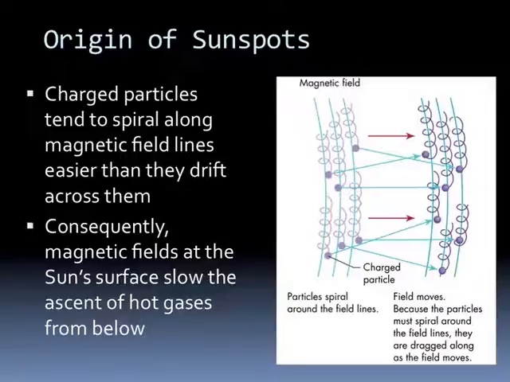Charged particles tend to spiral along magnetic field lines easier than they drift across them. In other words, as I have some magnetic field lines here, it's very difficult for a charged particle to go through them. However, they can go along them relatively easily. So consequently, magnetic fields at the sun's surface slow the ascent of hot gases from below.